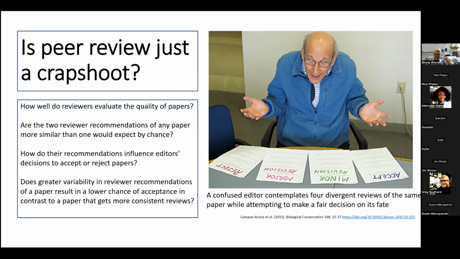And then the last question that this group asked was, does greater variability in reviewer recommendations of a paper result in a lower chance of acceptance in contrast to a paper that gets more consistent reviews? So if you have two reviewers with divergent reviews, is that going to have more of an effect on what kind of decision is made versus if the two reviewers are similar?